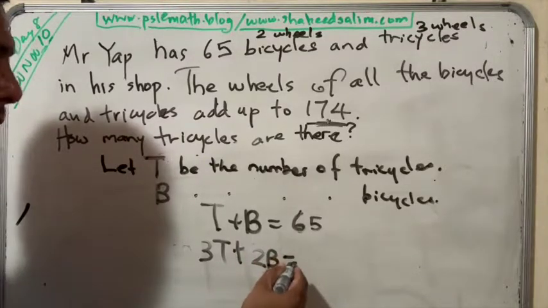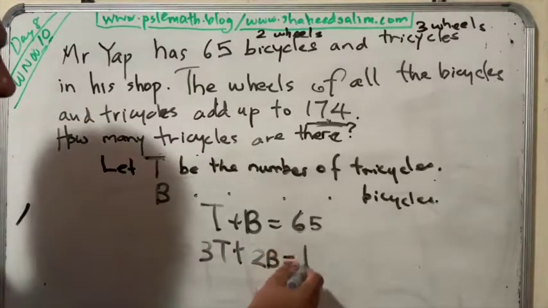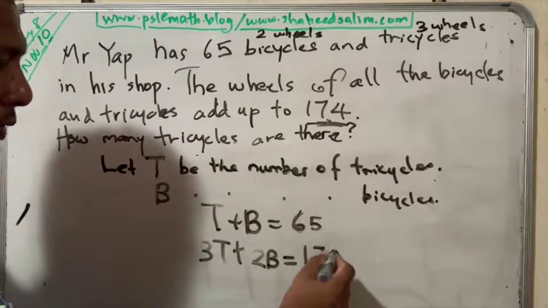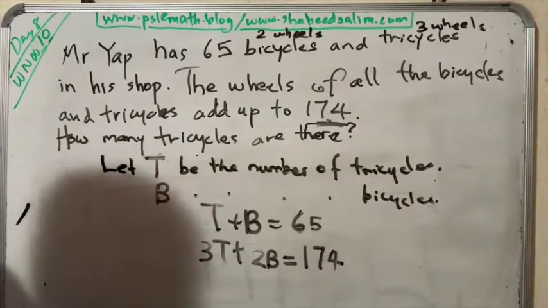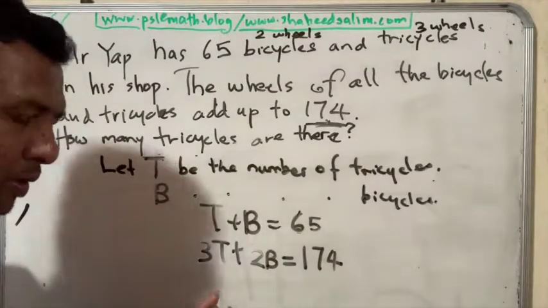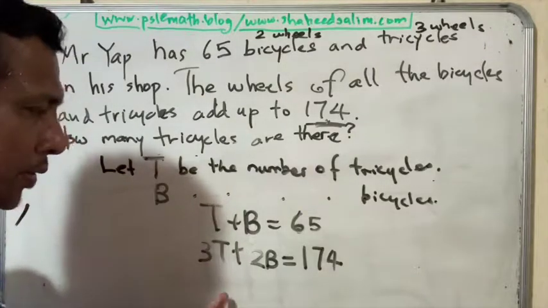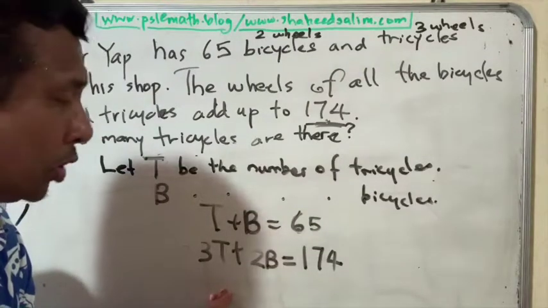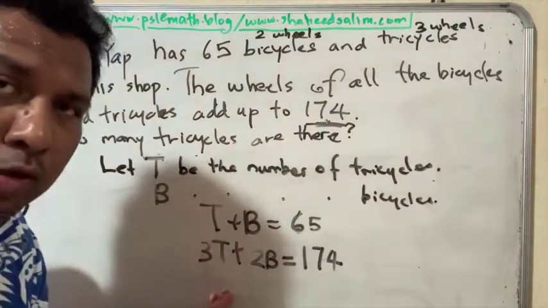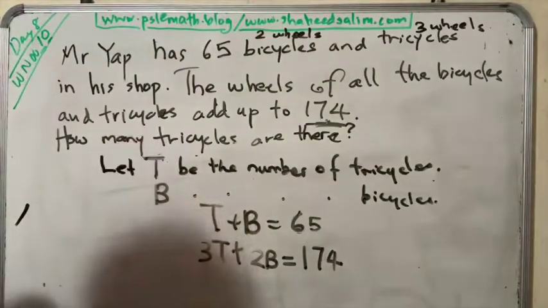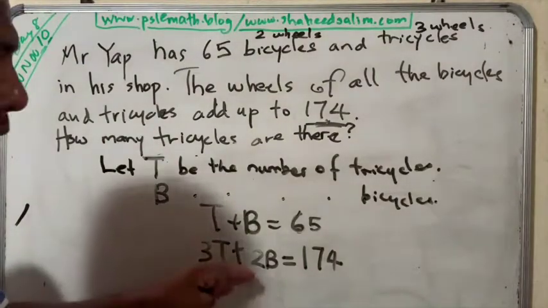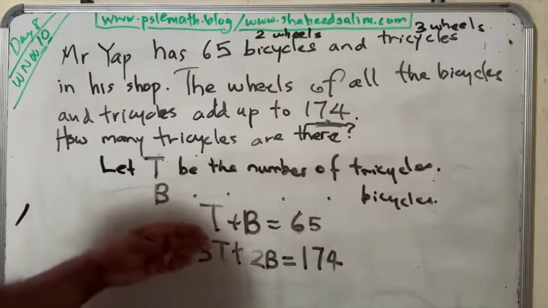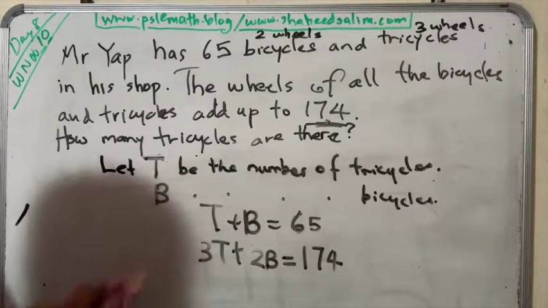And when you add them up, you get 174. Now, you have done this sort of sums before, and this is actually secondary school mathematics, which is called simultaneous equations, simultaneous algebraic equations. So, to find the answer, it's actually very simple.